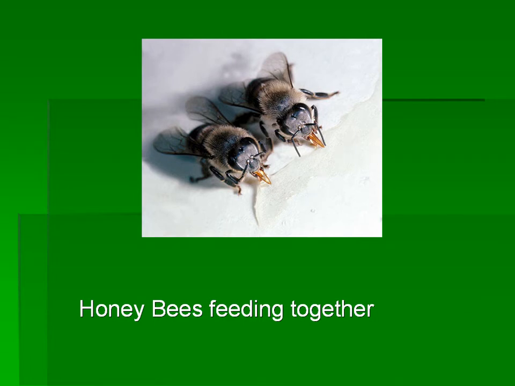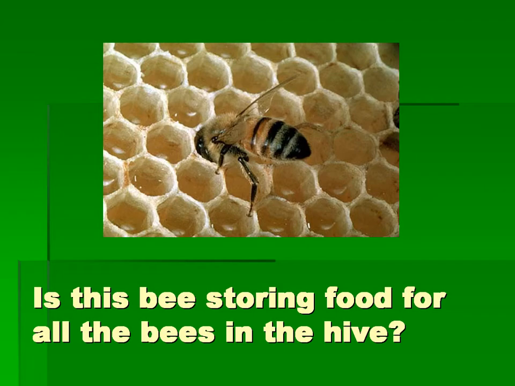This slide is just one perspective on how that might be done, where we have two honeybees who definitely are comfortable living within a community, being side by side and feeding together. This image and the prompt can be used with students to engage them in a discussion about what they already know regarding organisms living in communities.